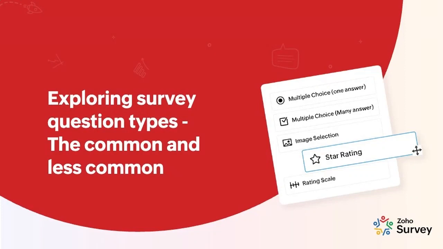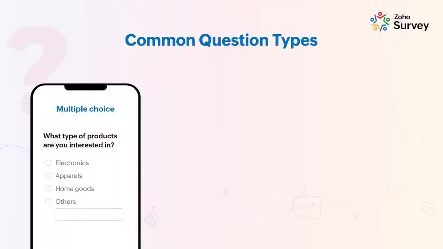Under common question types, the most frequently used for surveys is the multiple choice question. These questions are easy for customers to answer and straightforward for you to analyze. These are handy when you want to narrow the range of responses.